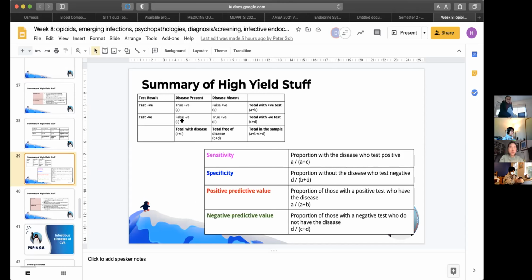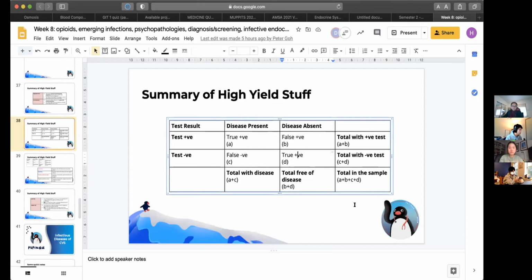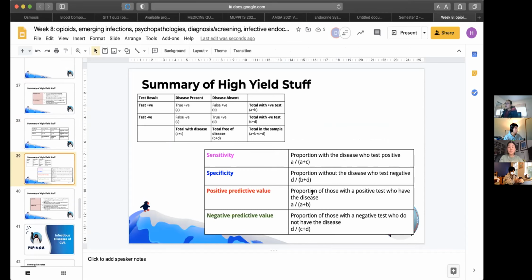You will be given a table with test positive, test negative, disease present, disease absent. You'll have values for true positive, false negative, and true negative. I think that's supposed to be negative, excuse me for that, I'll fix it in the notes.